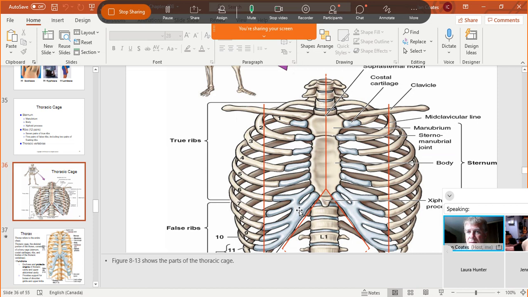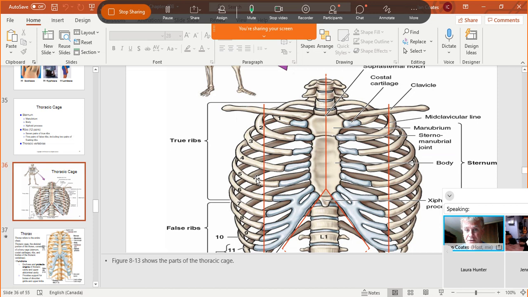So next time you look at a Hollywood movie like The Mummy, they show that the ribs actually articulate and attach to the manubrium and the sternum, but they don't, because it has to have some cartilage here so you can breathe.